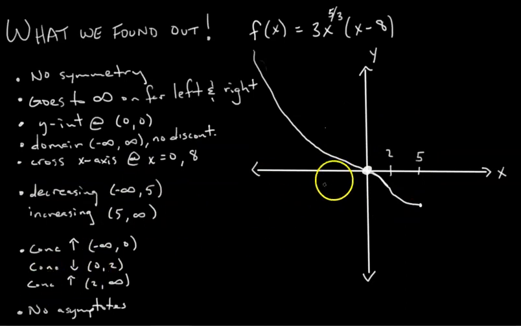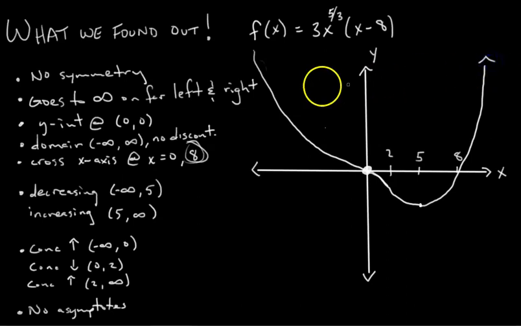And then from x equals 2 until infinity, we're concave up, so we keep curving up, curving up, curving up, until we cross the x-axis again at x equals 8. So here's 8. We're still concave up, increasing, increasing, increasing. We cross the x-axis at x equals 8, and we just keep on increasing forever. And we go off to infinity on the right.